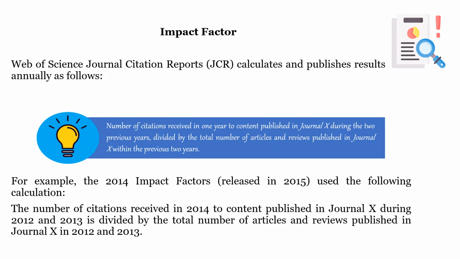With an example, the 2014 impact factor, which was released in 2015, used the following calculation: the number of citations received in 2014 to the content published in Journal X during 2012 and 2013, divided by the total number of articles and reviews published in Journal X in 2013 and 2012.